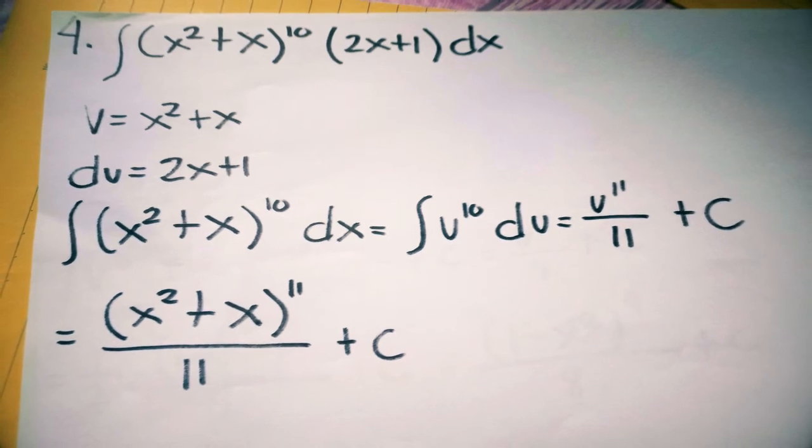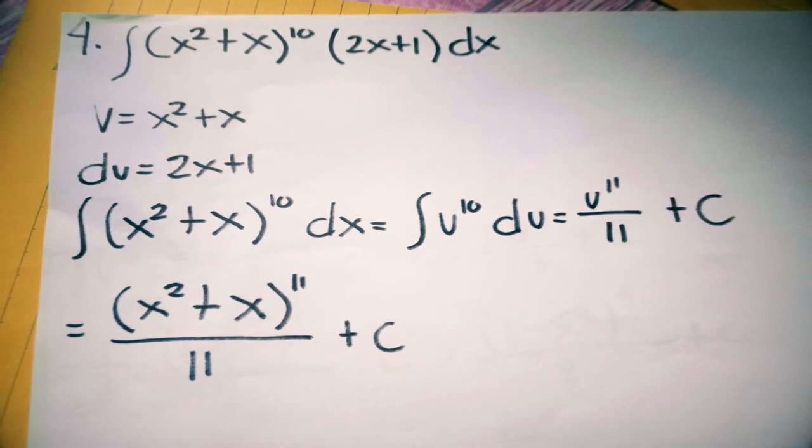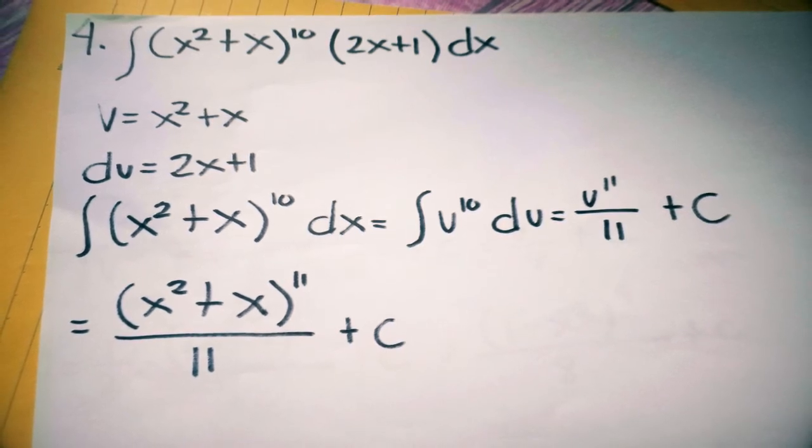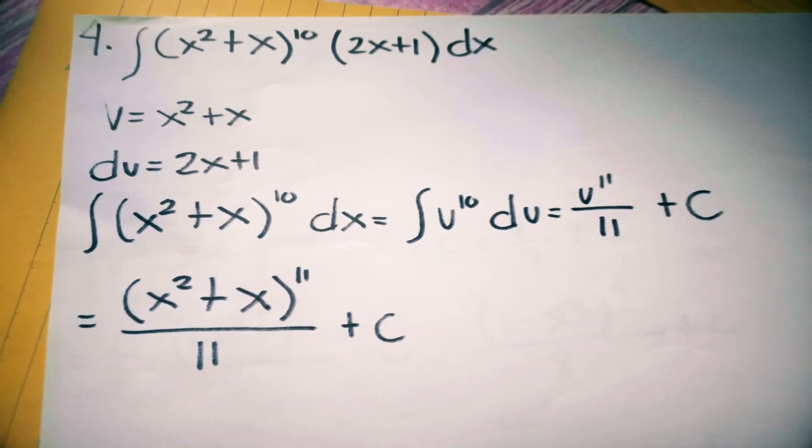The integral of the quantity x squared plus x raised to the power of 10 dx equals the integral of u raised to the power of 10 du, which equals u raised to the power of 11 over 11 plus c, and the final answer would be the quantity x squared plus x raised to the power of 11 over 11 plus c.